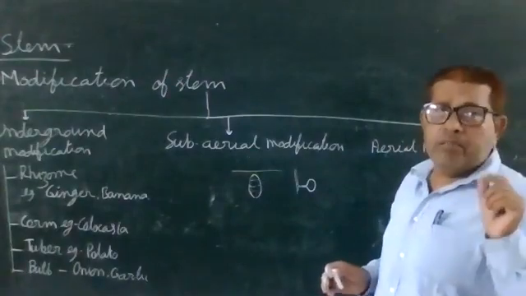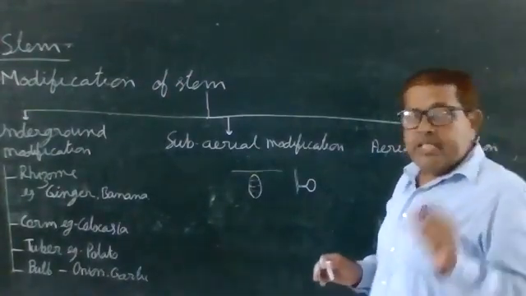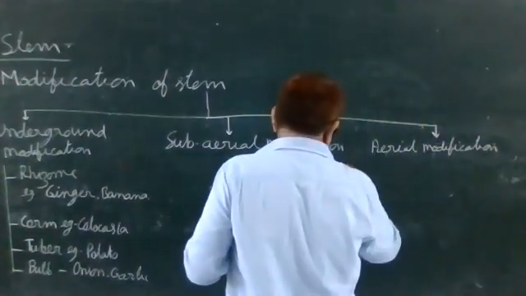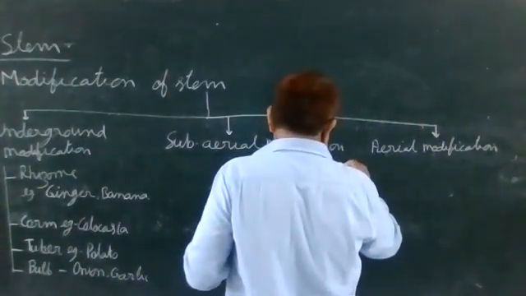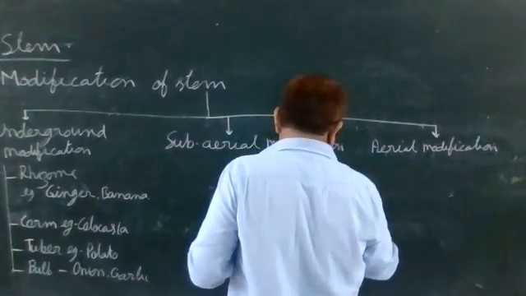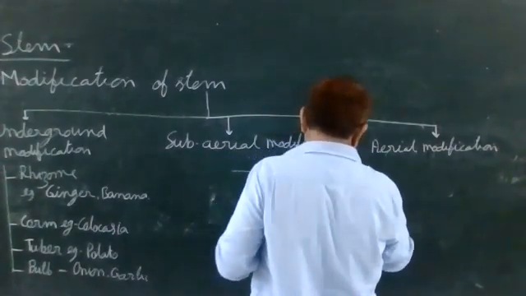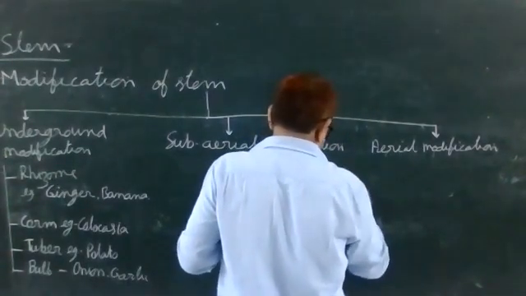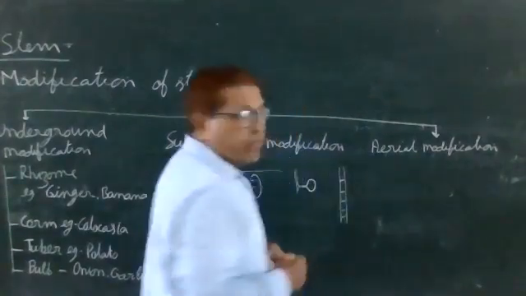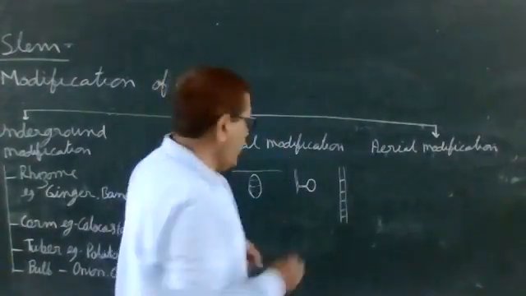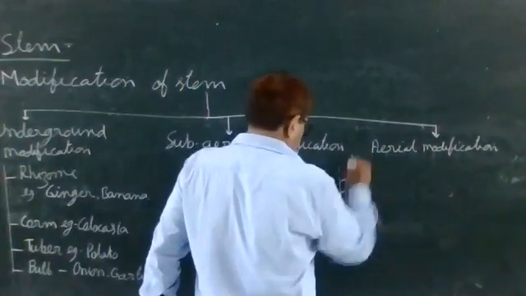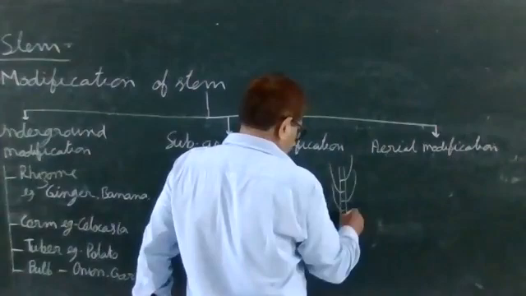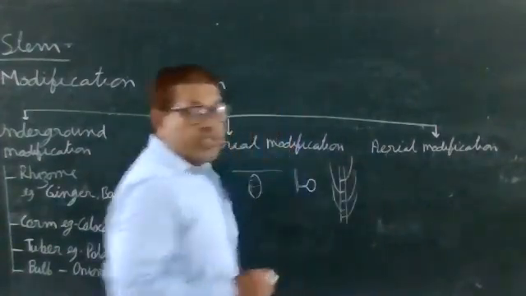So in case of the bulb, stem is reduced. You know that. Suppose this is stem. This is stem. And in this system, one leaf is there, one leaf is there, one leaf, one leaf is there, one leaf is there, one stem is there.